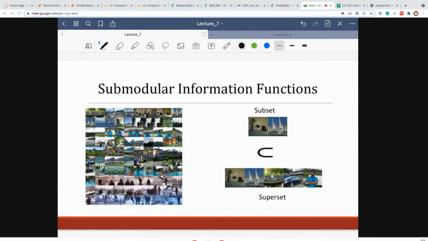All right. So we spoke about the modeling aspects of submodular functions, right? And we argued informally that submodular functions are information functions. Well, why are they information functions? Because they capture notions of information of a set of data points, right? Imagine you have a set of images, and you want to understand what is the information content in these images, right?